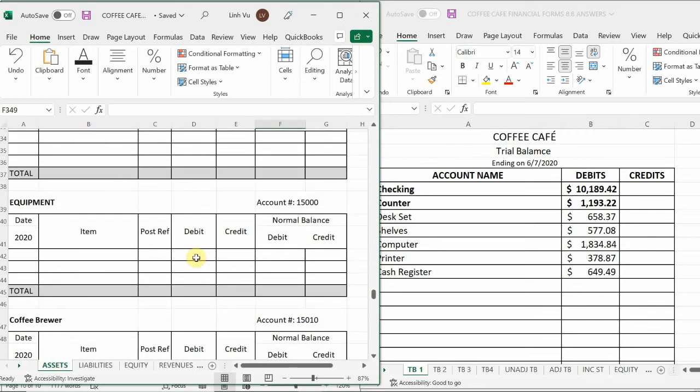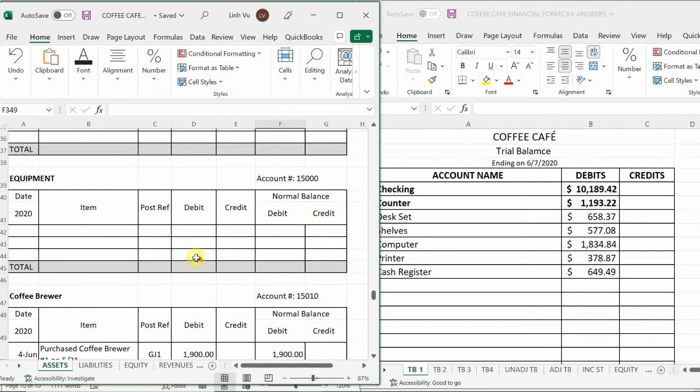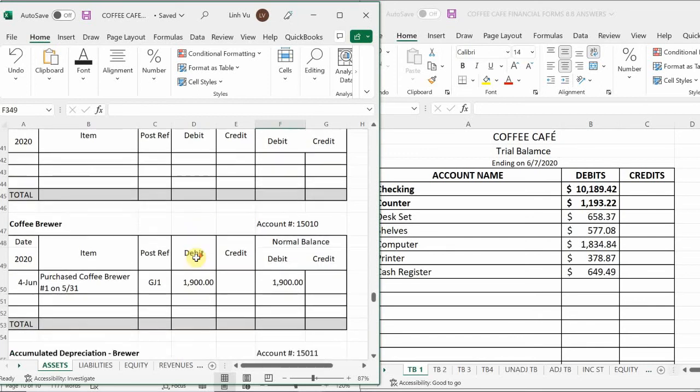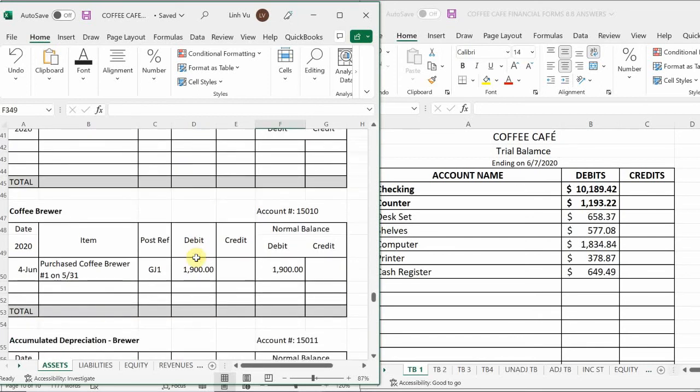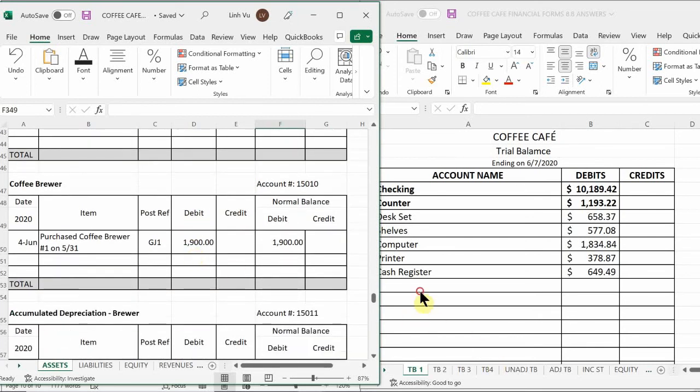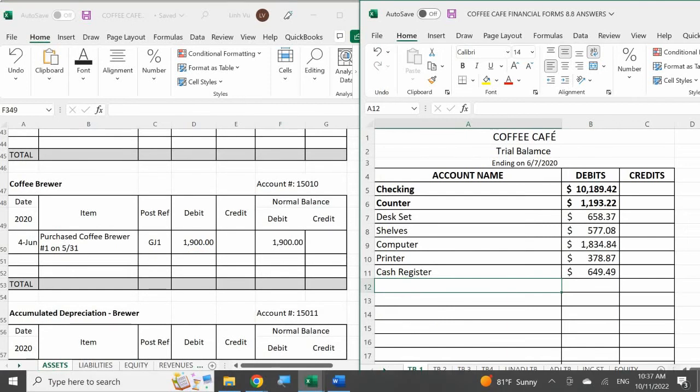Okay. Equipment. Did I buy any equipment? In this case, yes, I did. What did I acquire when I first got the business? Coffee brewer. You got a brewer. For how much? $1,900.